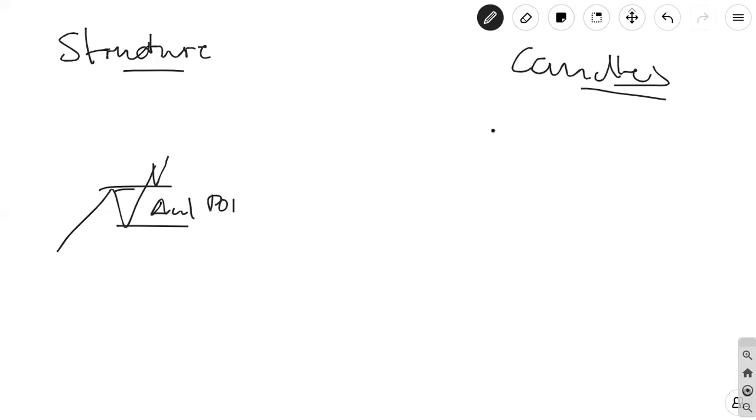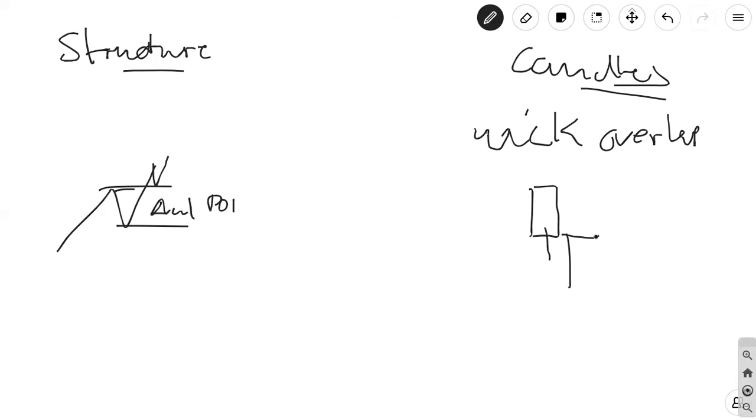But in terms of candlesticks, we have many. We can have wicks overlap. When we say wicks overlap, meaning the wicks of two candles overlap each other.